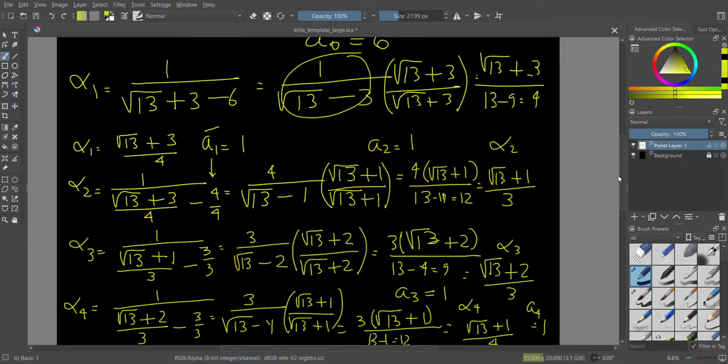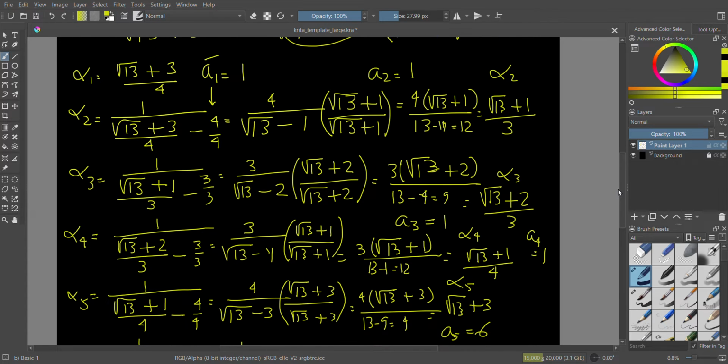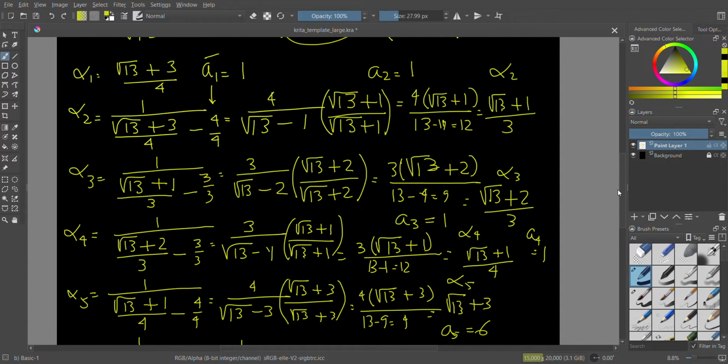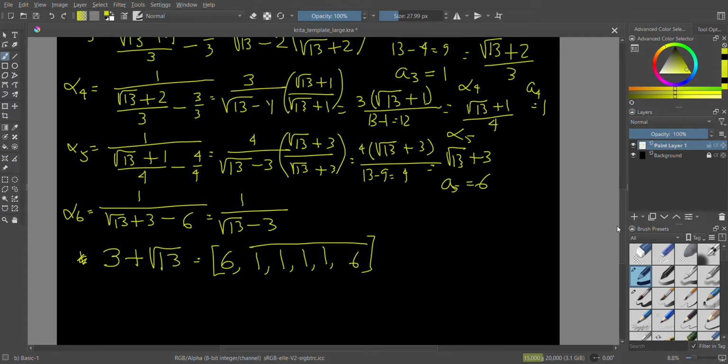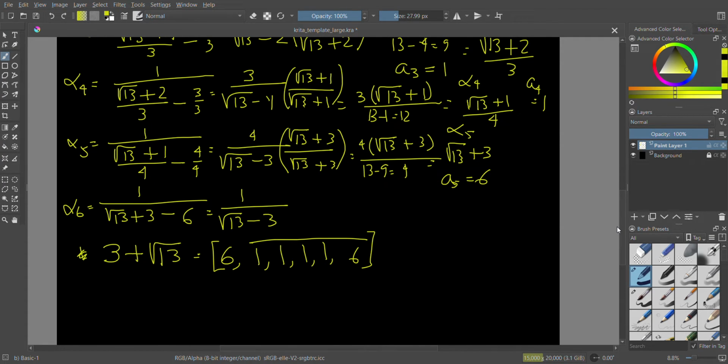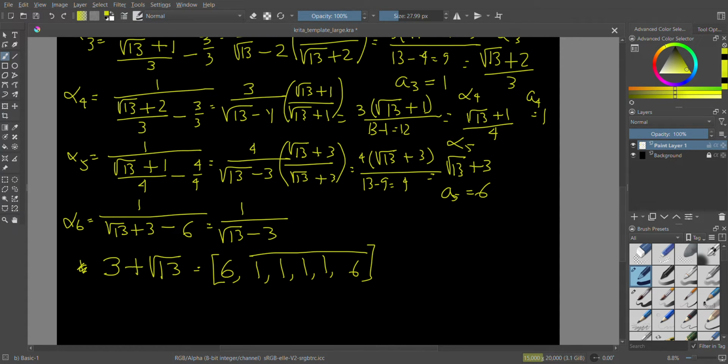Then we got a 1 for A1, then another 1 for A2, another 1 for A3, then another 1 for A4, and that was it. Those were our 4 ones, and then we hit a 6, and when we got to alpha sub 6, alpha sub 6 is equal to alpha sub 1.